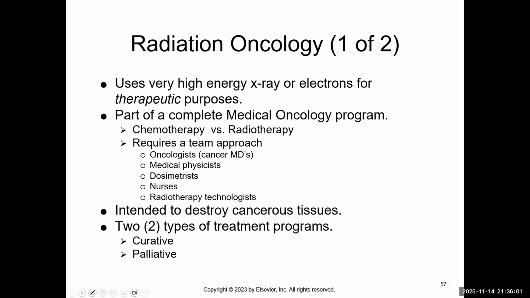Curative means they're trying to completely kill or remove the cancer. Palliative means they know they can't cure it, so they help reduce the symptoms or the pain. So those are the two reasons why a patient might be getting radiation therapy.